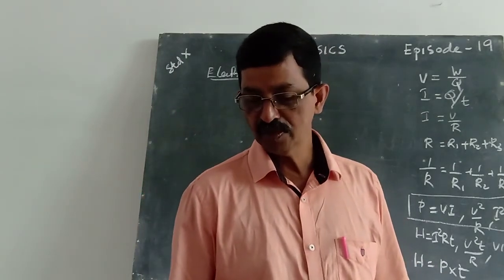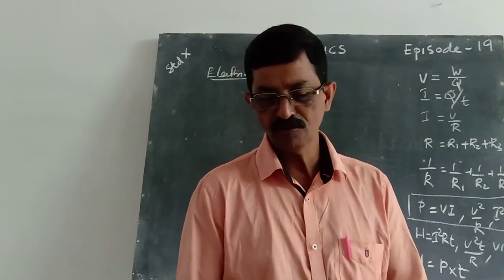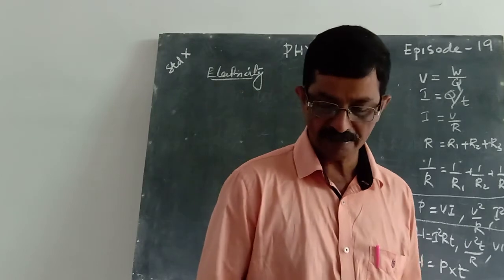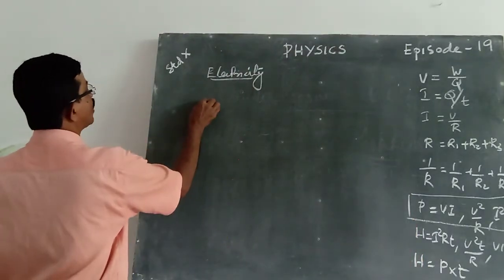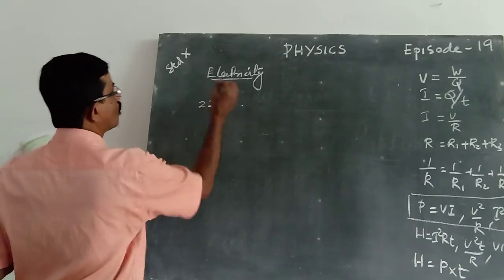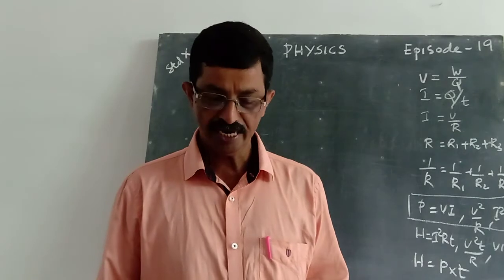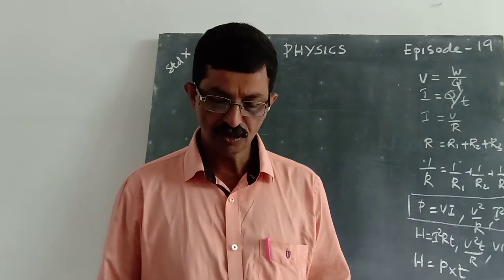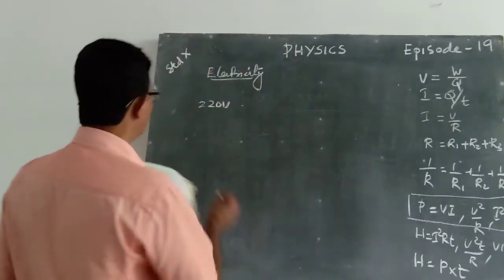Several electric bulbs designed to be used on a 220 volt electric supply line, that means an electric supply line of 220 volt, are rated 10 watt.